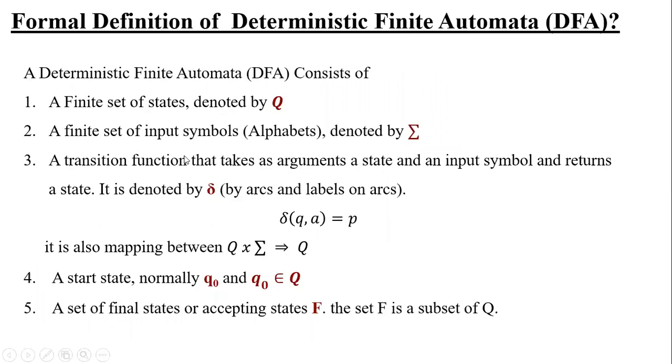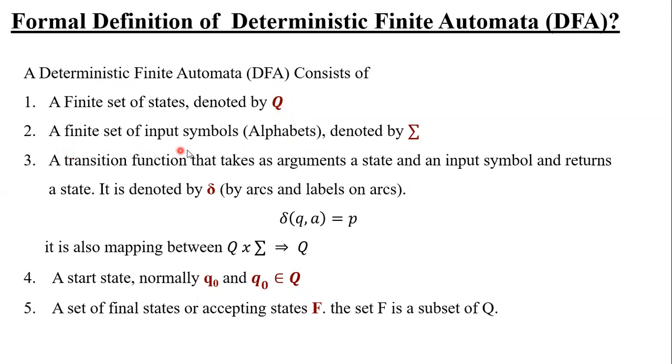Now we talk about the formal definition of deterministic finite automata, or DFA. A deterministic finite automata is a five-tuple notion that consists of a finite set of states, and these states are represented by Q. So this Q is a finite set that consists of states like Q naught, Q1, Q2 up to Qn.